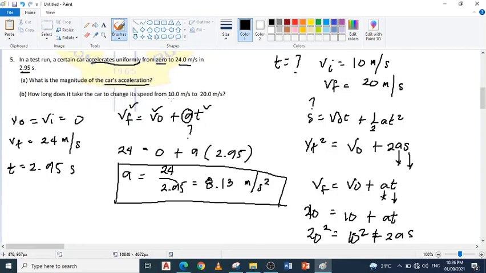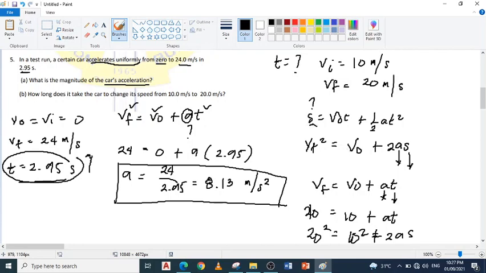So I think there is something missing here for letter B. The givens seem to be insufficient. I don't know if we can use the given time to find the time. Definitely we cannot use that.